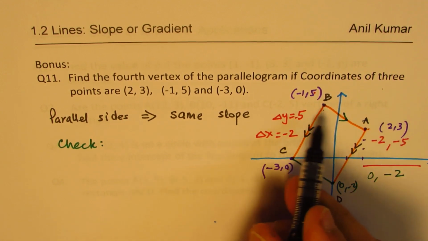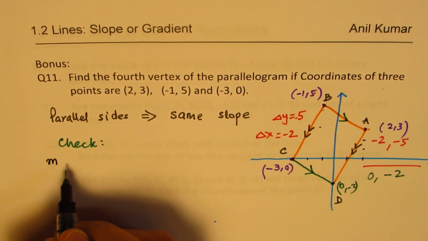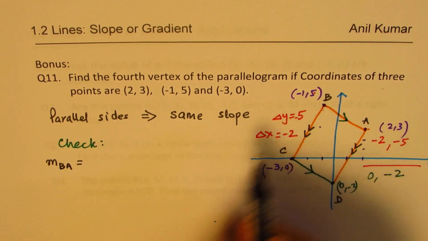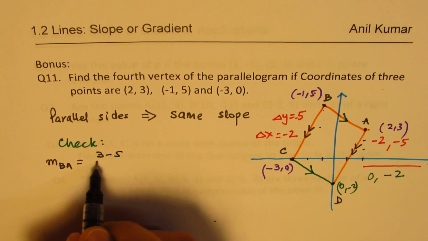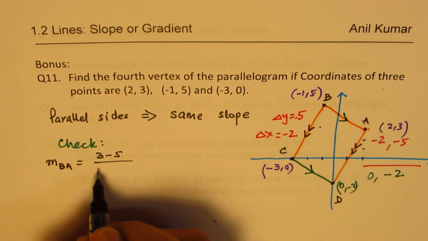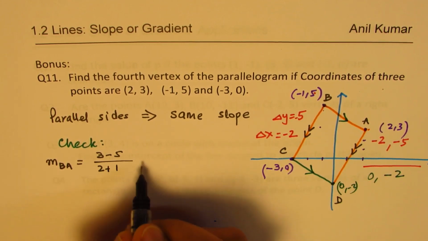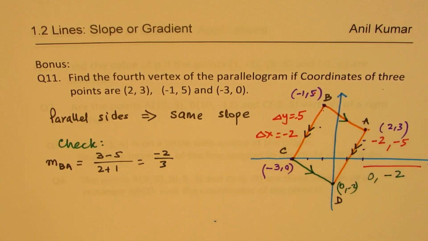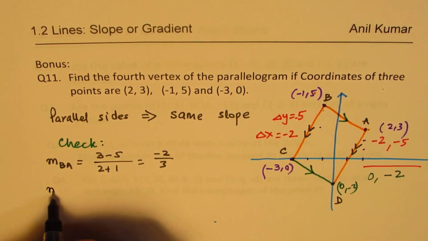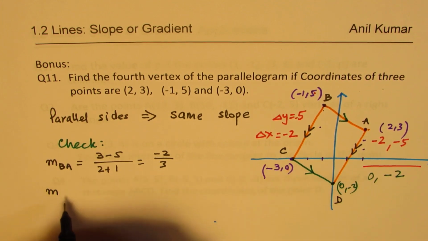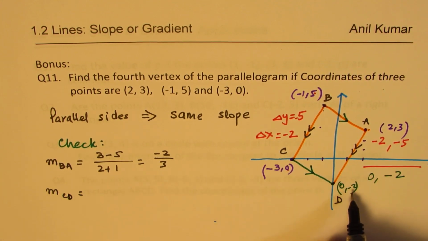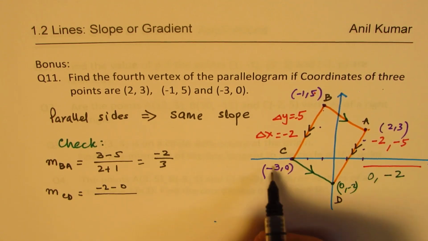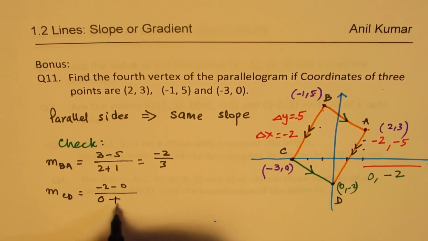Now what is the slope from B to A? Slope from B to A is basically 3 minus 5 divided by 2 minus minus 1, which becomes plus 1. So we get minus 2 over 3. That is the slope. Now let us also find the slope between C and D. That is minus 2 minus 0 divided by 0 minus minus 3, right?